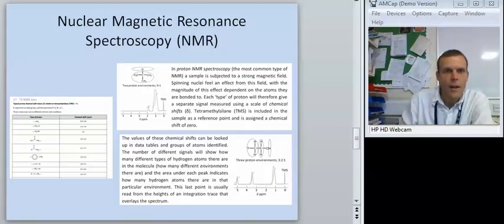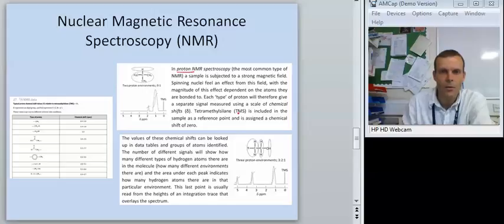Third one we look at is nuclear magnetic resonance spectroscopy, and we look at the proton version of this. So it's all about H's, and what it's going to do is tell us about the types of H's within our molecule.